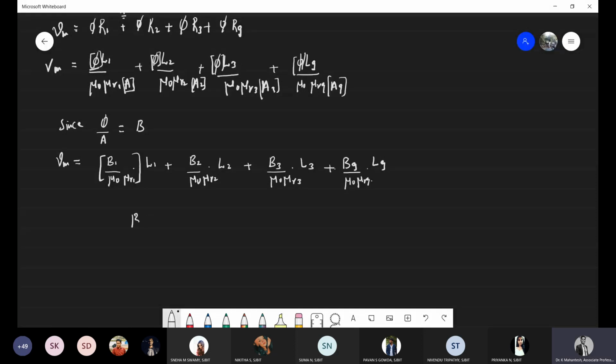B is equal to mu H, which is equal to mu naught mu R H. Therefore, can I write H is equal to B over mu naught into mu R. So B by mu naught mu R is equal to H. Therefore, I would write this term as H1, this term as H2, this as H3, and this term as Hg.